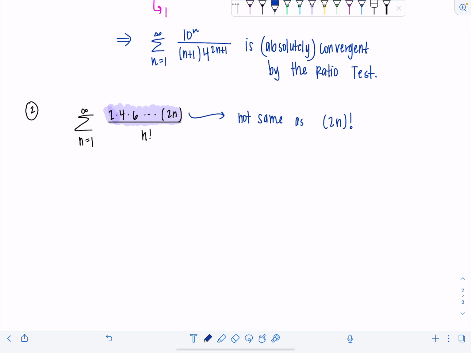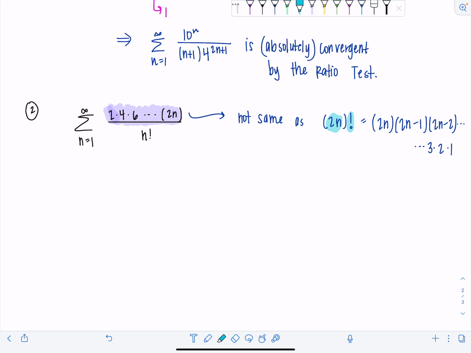Oh no, my friends. 2n factorial means 2n times 2n minus 1 times 2n minus 2, down to 3, 2, 1. When you use factorial notation, there's no way to skip over the odd integers, for example. This notation means you start with this number and multiply by every consecutive integer below it all the way down to 1.